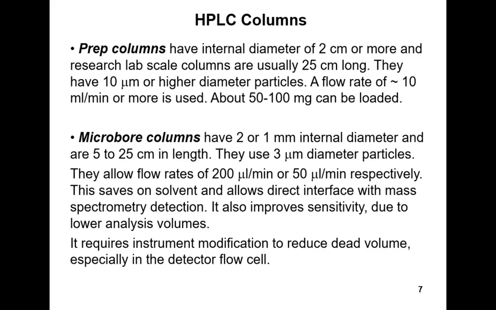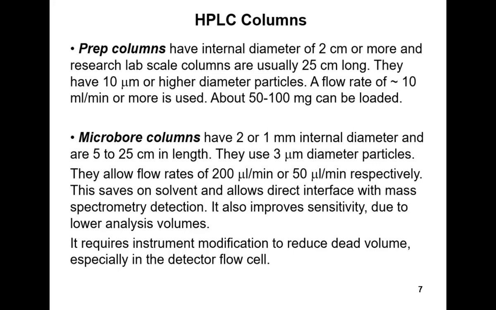And obviously this saves on using so much solvent, makes it cheaper, less environmentally damaging, and I won't dwell on this too much, but it allows you to inject it directly into a mass spectrometry detector, because the mass spectrometer can only cope with so much liquid going in, because it has to be vaporized before it goes into where the ions are analyzed.